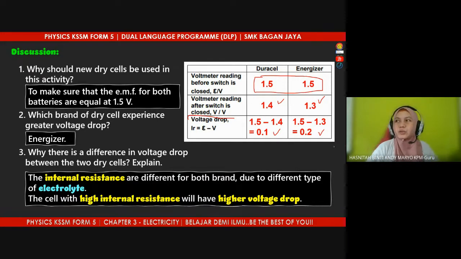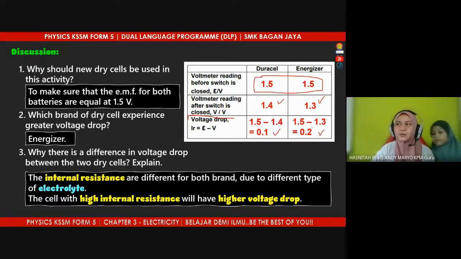From this voltage drop, we understand that the higher the internal resistance, the higher the voltage drop. So from this table, we understand Energizer has a higher internal resistance that causes this higher potential drop.